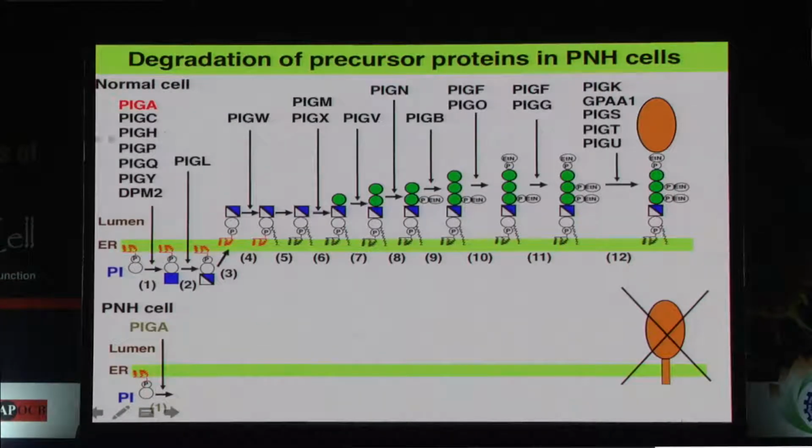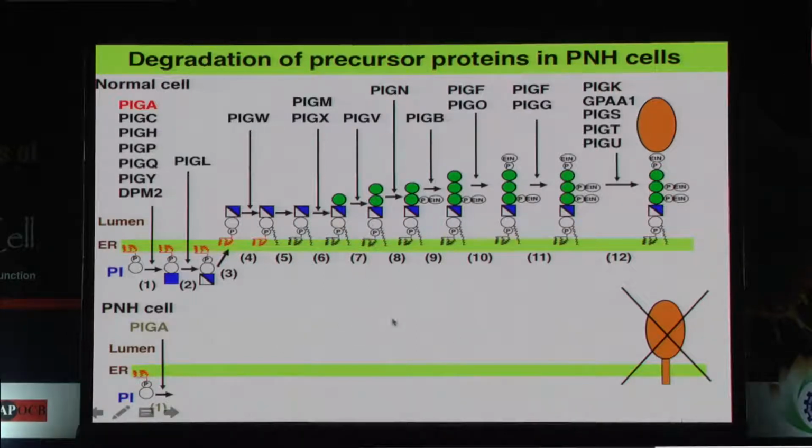So what is PIGA? PIGA is involved in the first initial step of GPI biosynthesis. This reaction is a transfer of N-acetylglucosamine to PI. So PIGA is a catalytic subunit of the enzyme protein complex, the N-acetylglucosamine transferase. In the affected PNH cell, PIGA doesn't function because of the somatic mutation, so the pathway doesn't go.